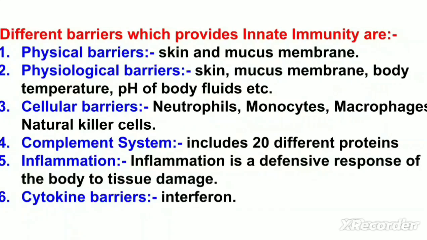Now the third barrier is cellular barrier, which includes neutrophils, monocytes, macrophages, and natural killer cells. Now the fourth barrier is complement system. Complement system consists of 20 different types of proteins which provide protection from infection.